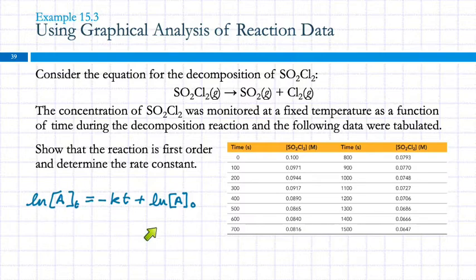So if this is the rate law for a first order reaction, then I want to graph the natural log of the concentration versus time. And so what I would need to do is, the time is fine, but I need to take all of these concentrations and find the natural log. Now this is not something that you're going to do calculating each of these with your calculator and then graphing them out on paper.